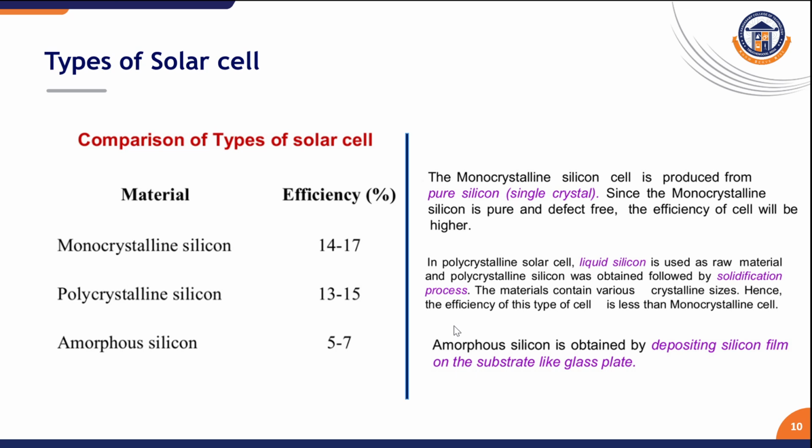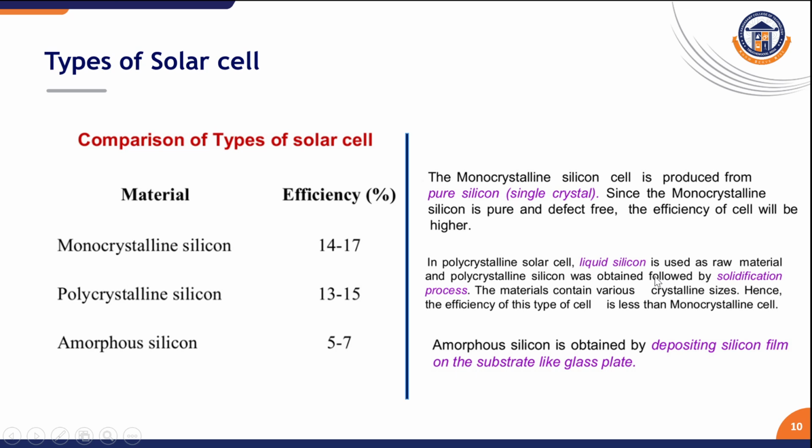Now let us see the types of solar cells. Solar cells are classified into three main types: monocrystalline solar cells, polycrystalline solar cells, and amorphous silicon solar cells. Monocrystalline silicon solar cells are made from a single pure crystal. They are the most efficient, around 14 to 17%. Polycrystalline cells are made from multiple crystals, slightly less efficient but cheaper.